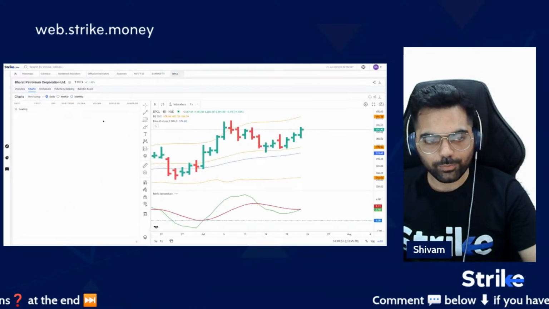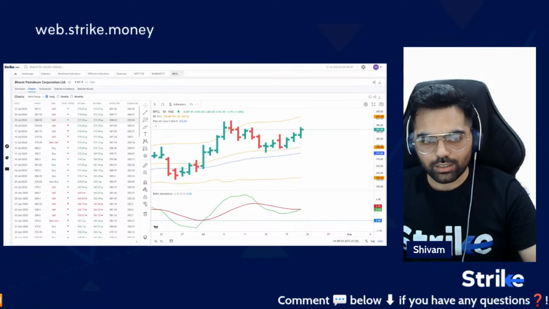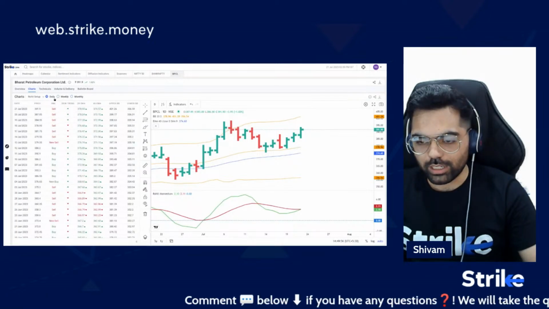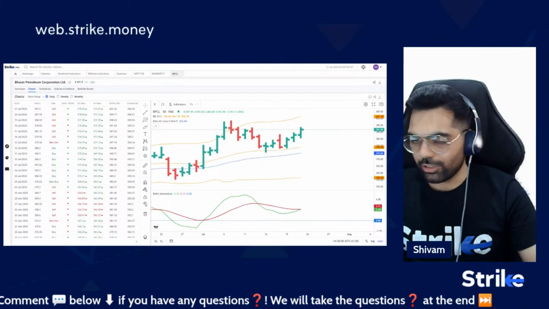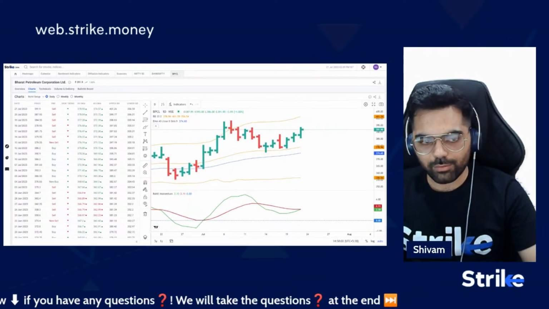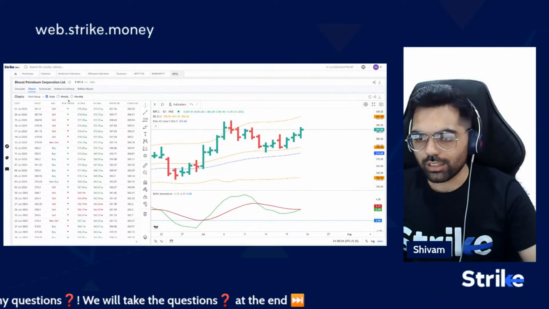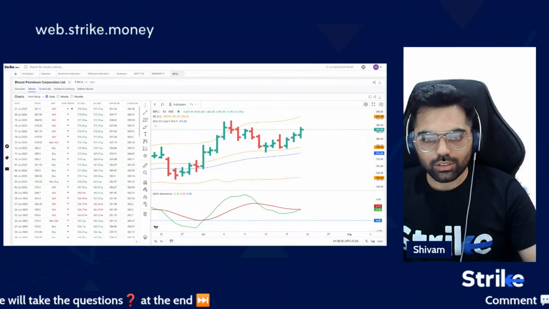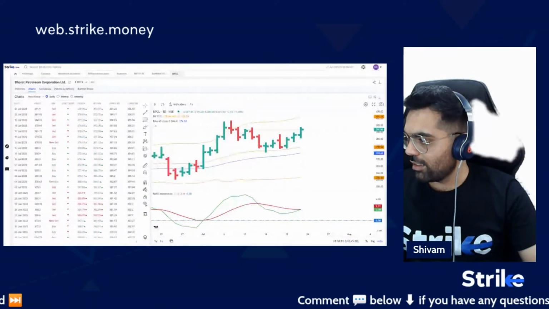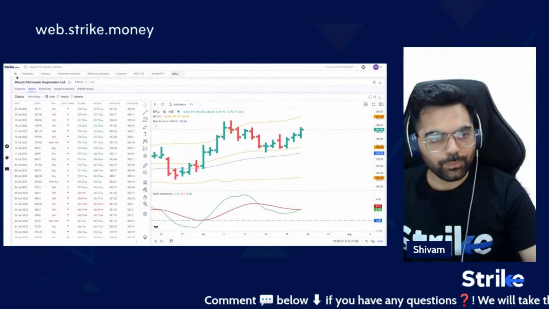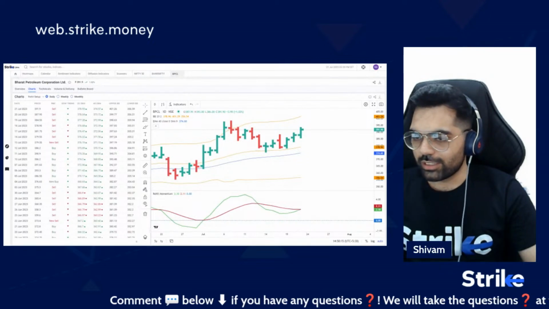Now you're at the setup for that particular stock, and within that you can also switch between daily, weekly, and monthly time frames. Very shortly we are going to add an hourly time frame as well in the screens, so you can manage your positions even better. If you have any more questions, please drop in.